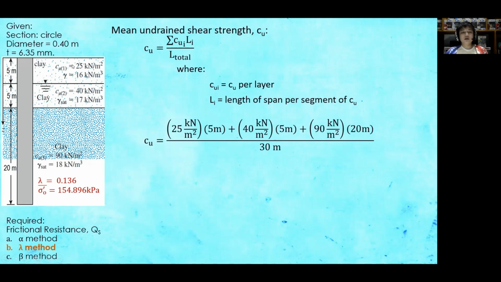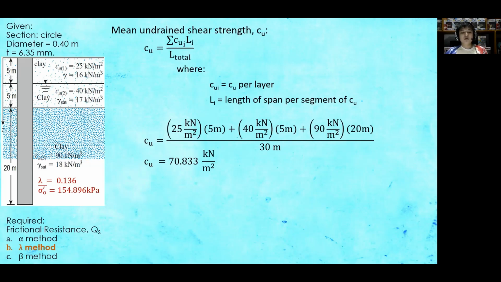Starting from the top, we have CU1, which is 25, multiplied to the segment length, which is 5, plus CU2, that is 40, multiplied to the segment length, that is 5, then plus CU3, that is 90, then multiplied to the segment length, which is 20 meters. So sum all, then divide this to the total length, which is 30 meters. So the value of the mean undrained shear strength is about 70.833 kilonewtons per square meter.